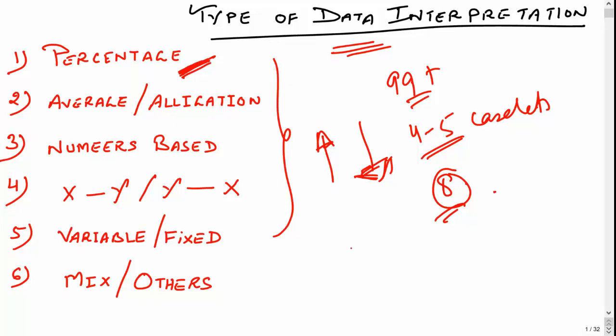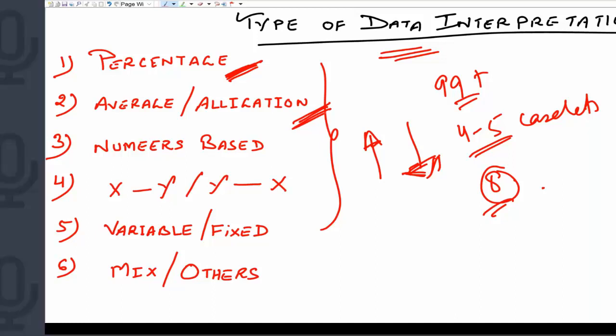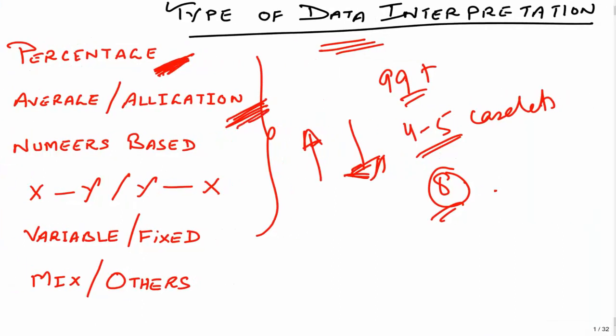Even if you're not able to solve it, just try to understand what concepts are involved and how you can approach those kinds of caselets, how quickly you can identify if the caselet in front of you is percentage based, or average allegation based, or numbers based, XYYX, variable or fixed cost, or miscellaneous and others.